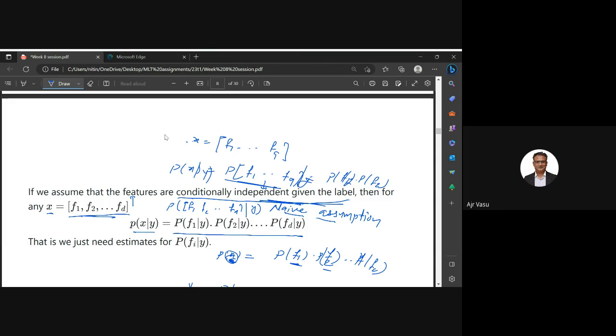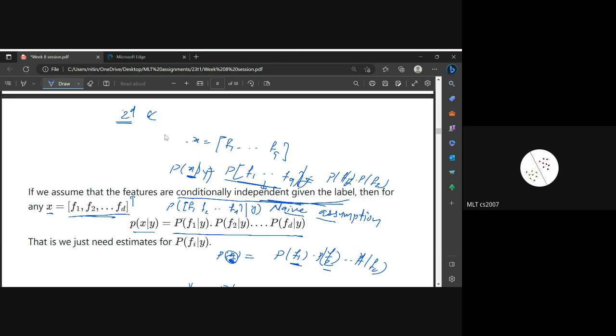But how is that 2 power d is my question. So how many such X do you have there? For every X, you need to know the estimate, right? Otherwise, you don't know the PMF. You can think of it as a PMF: you have 2 raised to power d points, and for all of them you need to know the probabilities. Otherwise, you don't have that distribution.